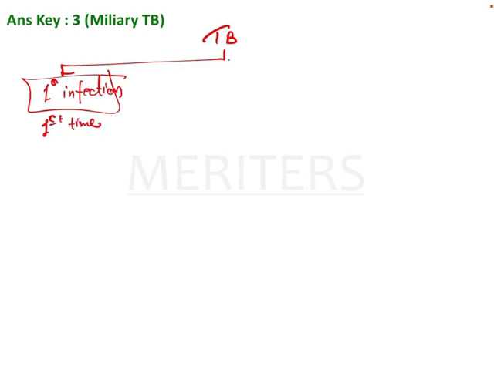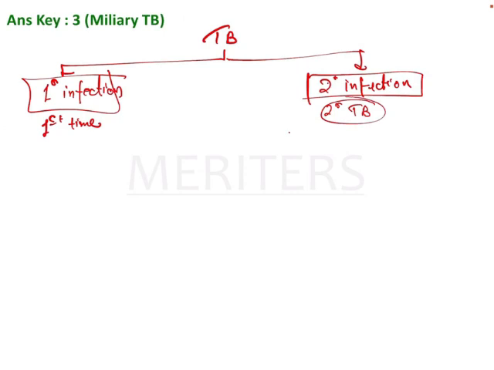And then we'll have the secondary infection, in which the patient has already undergone the infection in the past, or there is a reactivation of it, and that is known as secondary tuberculosis, more aptly. The secondary tuberculosis is a pattern of disease that arises in a previously sensitized host.